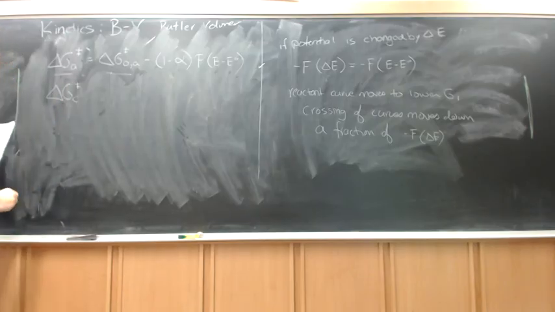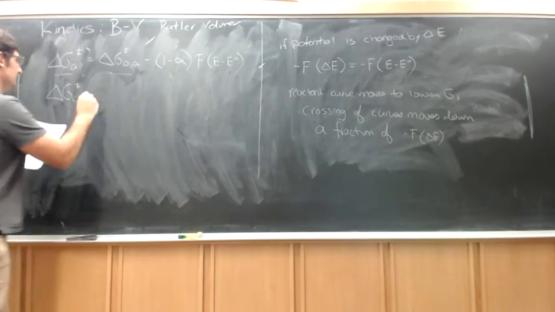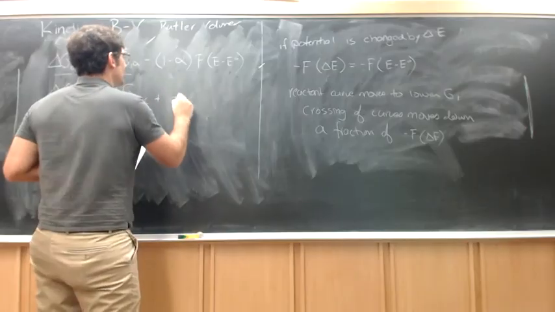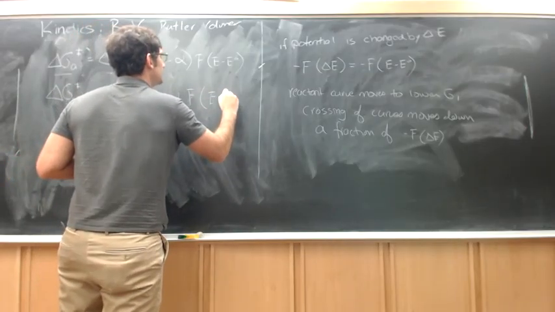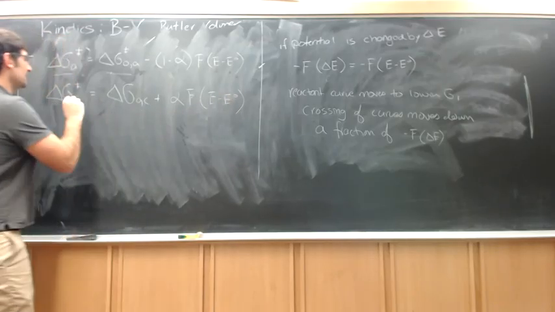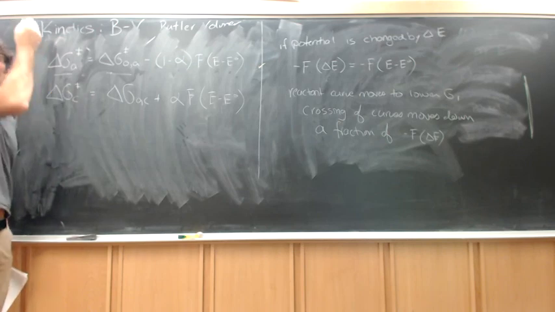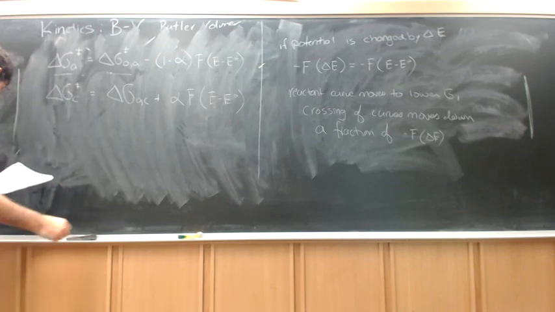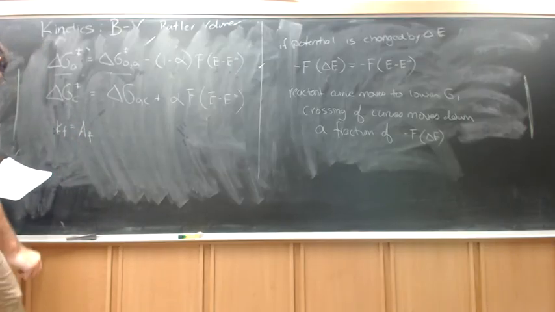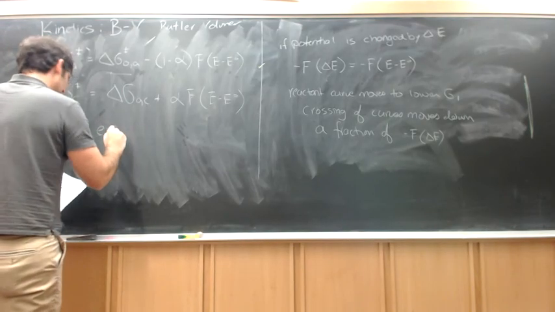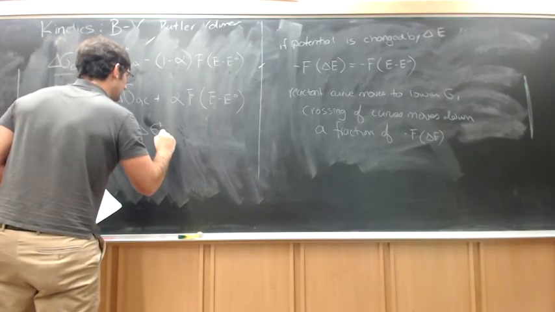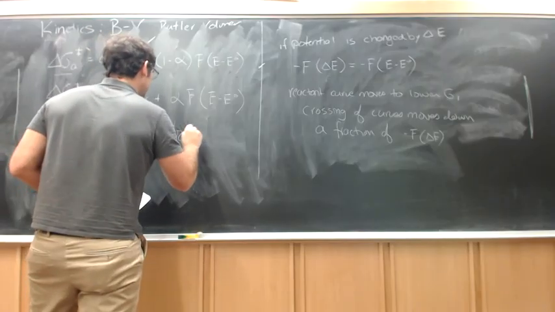So the cathodic barrier, so the forward reaction now, is equal to delta G naught cathodic plus alpha F (E minus E naught). If E is more positive than E naught, more oxidizing than E naught, it becomes harder to drive a reduction process. Makes sense, right? And then we can write the rate constants, Kf equals the attempt frequency times the exponent of delta G double dagger cathodic over RT, right?